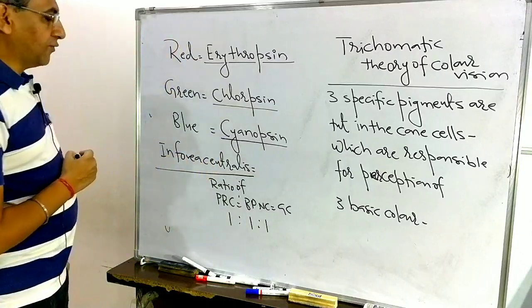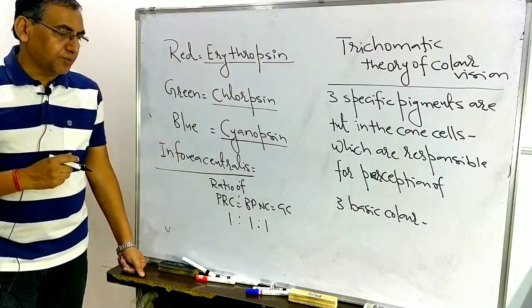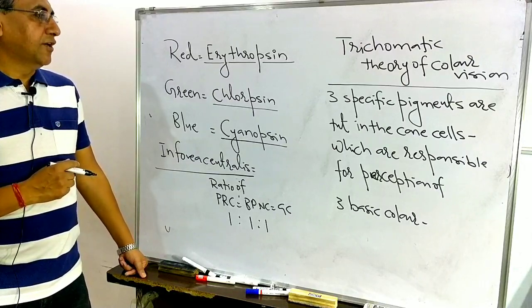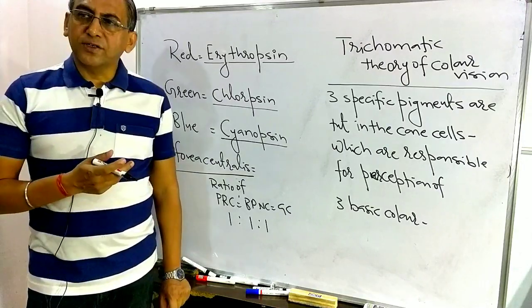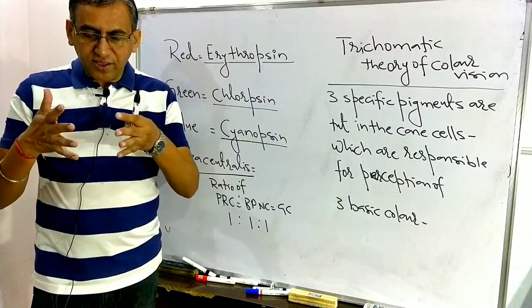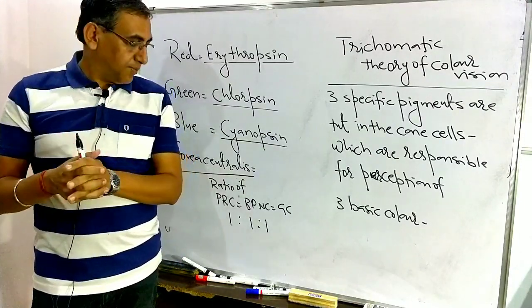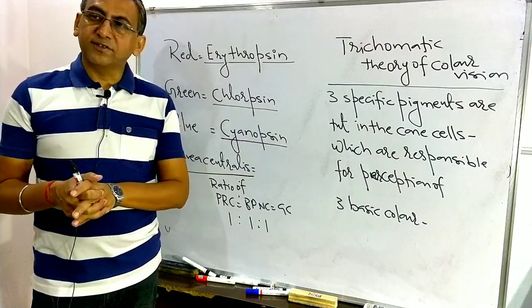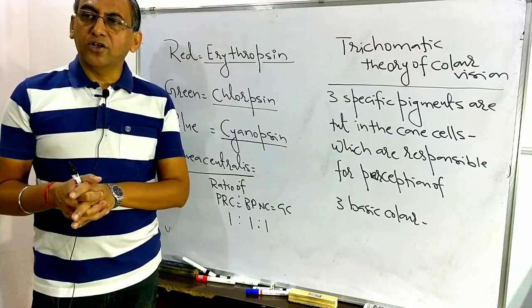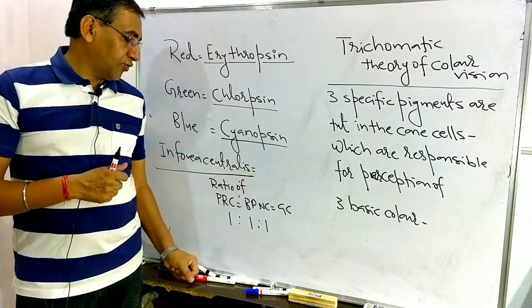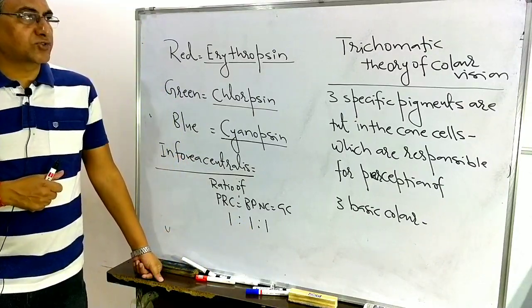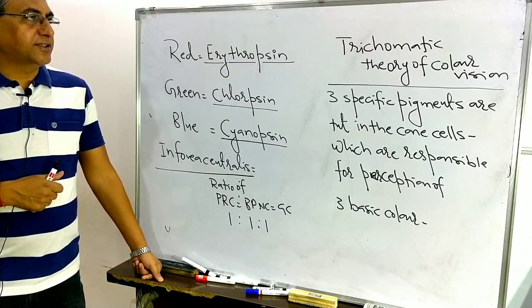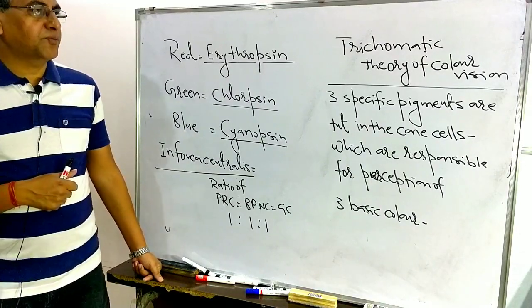That's why in the fovea centralis the vision is sharpest. It is the area of the sharpest vision. Whereas in the other parts of the retina, so many photoreceptive cells synapse with one bipolar neuronic cell, and so many bipolar neuronic cells synapse with the ganglionic cell. But in the fovea centralis, the ratio is 1:1:1. So this is about the structure of the retina and the different pigments which are present.